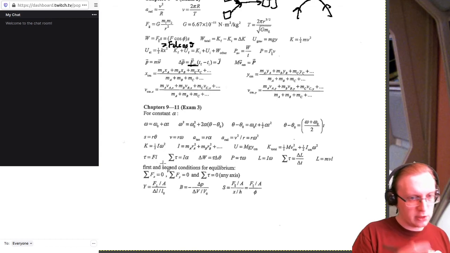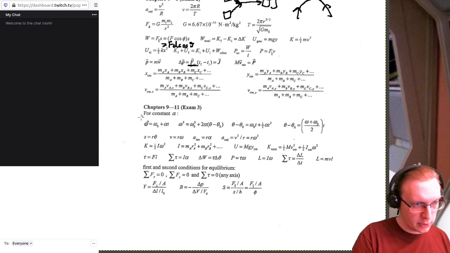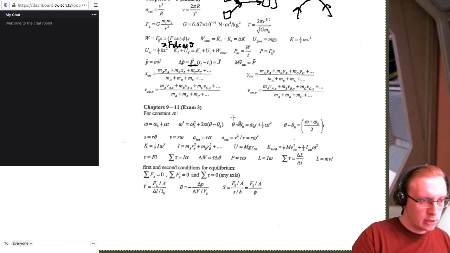Finishing off our little chapter here on rotational motion, we have torque. Generally speaking, torque is... that's interesting. One moment. If you're going to put the parallel in here, you might as well put the perpendicular here.